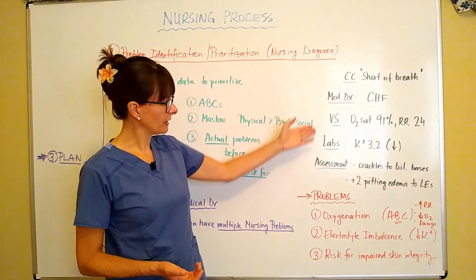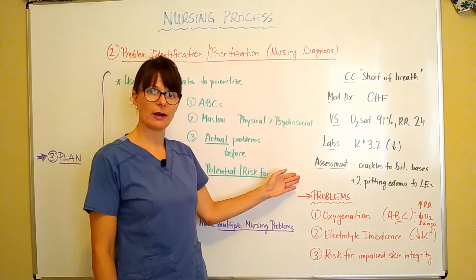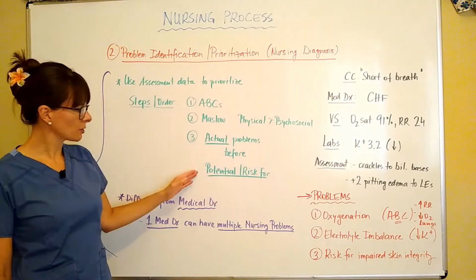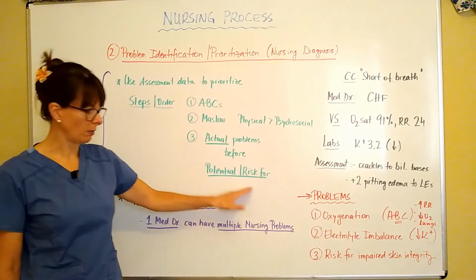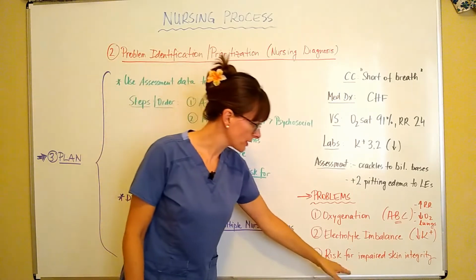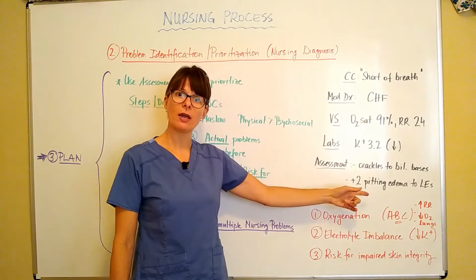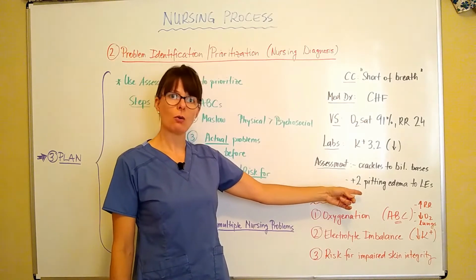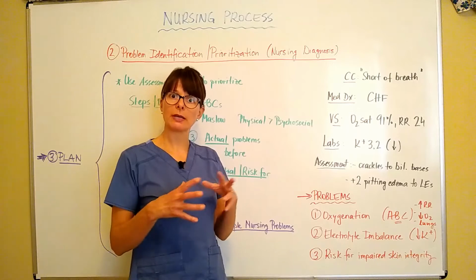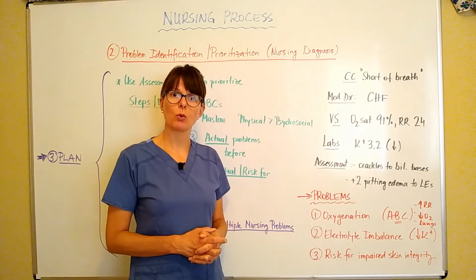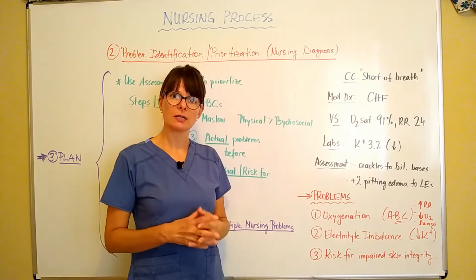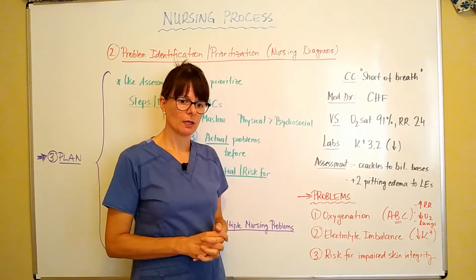Because we don't have any other abnormal physical findings, I'm now going to move into the risk for problems. I wrote down risk for impaired skin integrity because of this pitting edema. If I don't get rid of this edema or it gets worse, there could possibly be problems with wound development with that fluid seeping out of the skin.